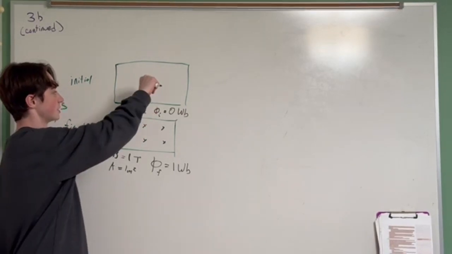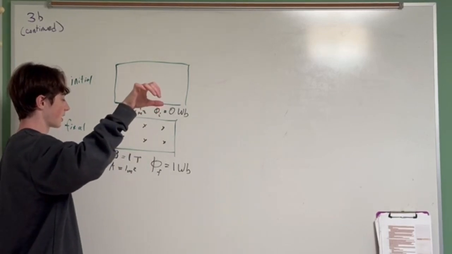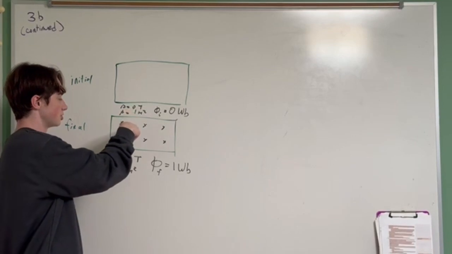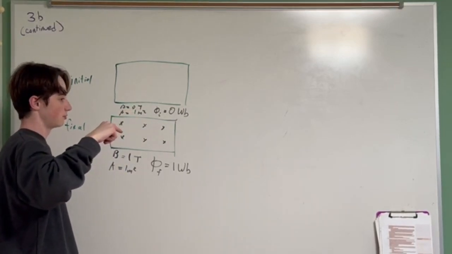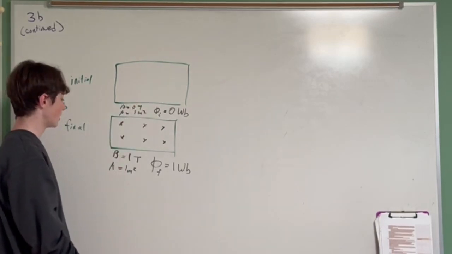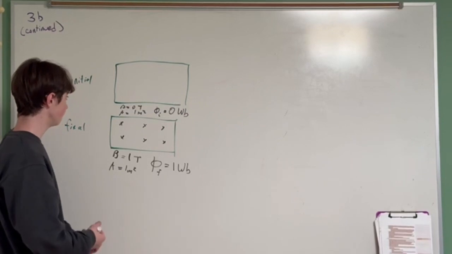So imagine someone takes a magnet. If this field is going into the screen, then it would be a south pole. They would be pulling a south pole towards this loop, and that would be changing magnetic flux through the loop. So this is going to induce a current.